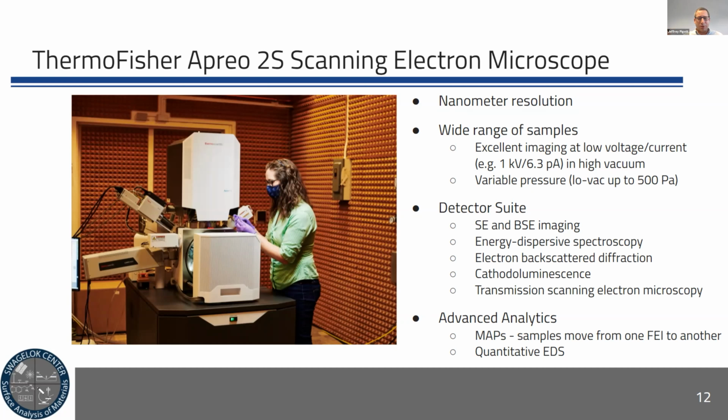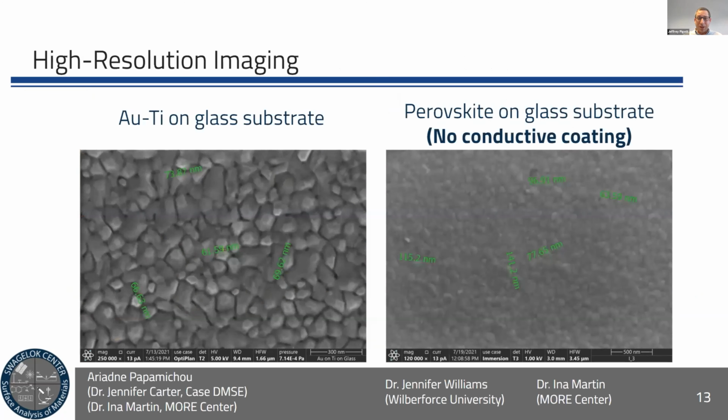We can map samples on the Apreo and, for instance, move them to the Helios to do further focused ion beam transmission electron microscopy prep. And we can also do automated sample mapping and stitching, which has been used quite a bit by Professor John Lewandowski's group and his students to map fracture surfaces and then do it automatically. And that's the MAPS software.